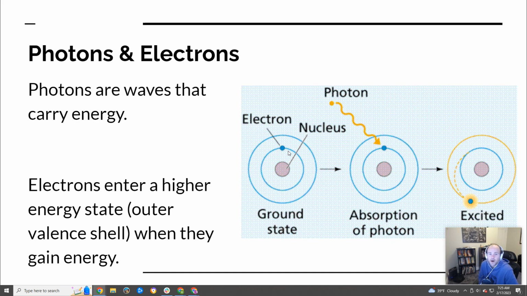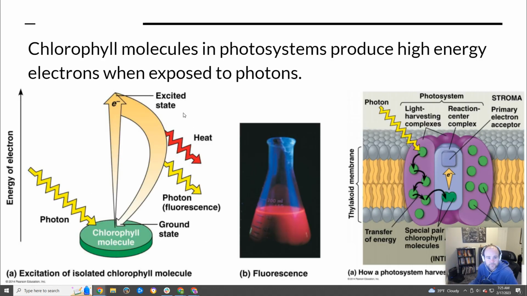So light has photons, which are waves that carry energy. And these energy waves have the ability to excite electrons and get them to a higher energy state. So as light hits these electrons in water, they're going to get excited, and then we're going to utilize that energy in these high energy electrons to carry out that electron transport chain.